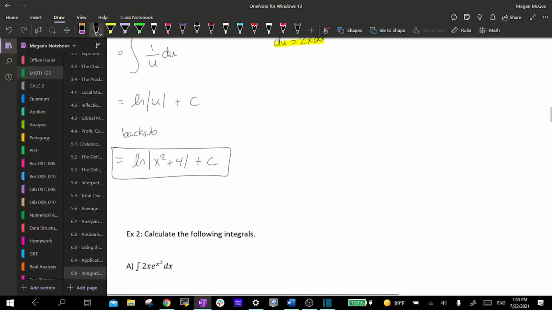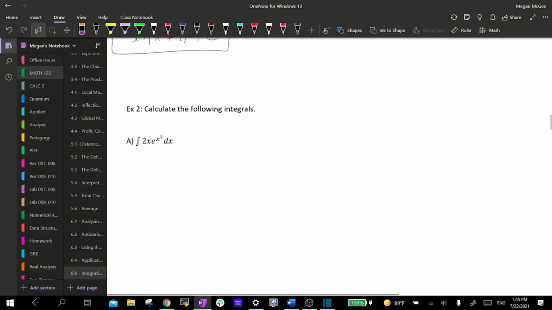All right, so let's move on to example 2, where we just are going to calculate some more integrals. Okay, this is a pretty similar part to one of our composition warm-up problems, where we want our inside function to be our exponent. Okay, so we're going to let u be equal to our x squared.